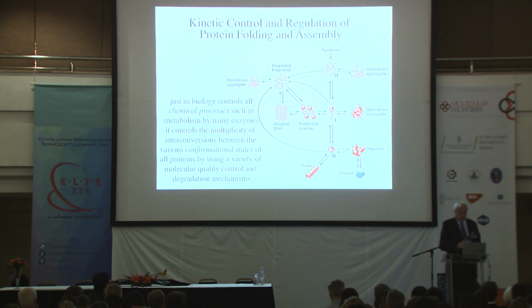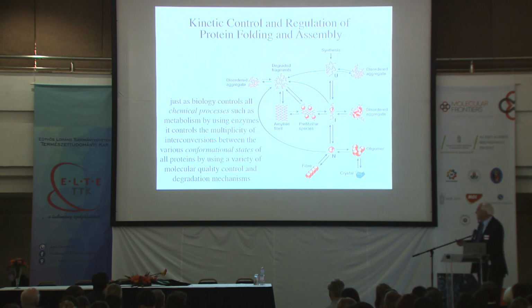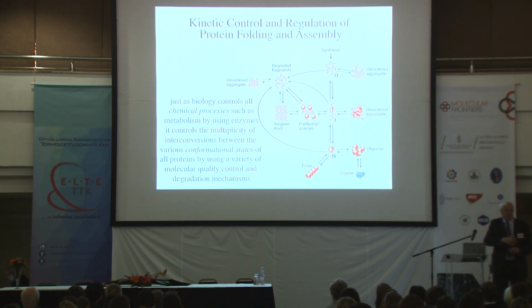And here, just to give you an overview, you all know that if you look at the chemistry going on in biological systems, everything is controlled by enzymes, that make sure you've got the right molecule present at the right time in the right place, even though thermodynamically most of these compounds would rather be something else, carbon dioxide and water, for example.